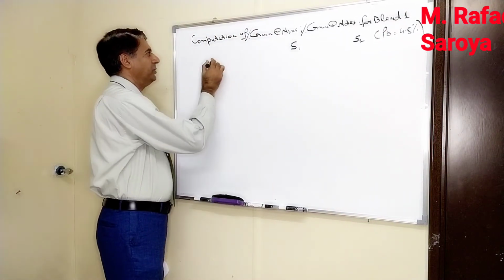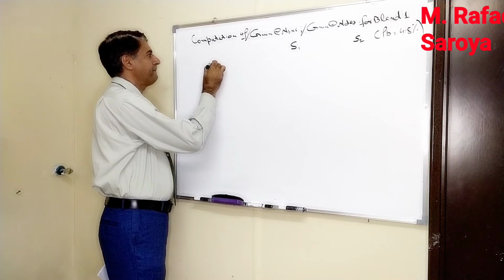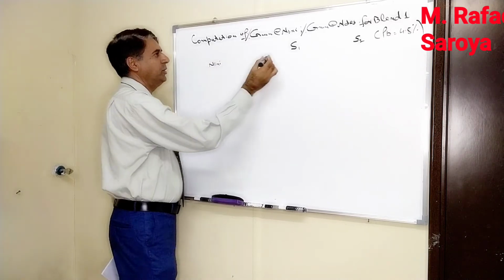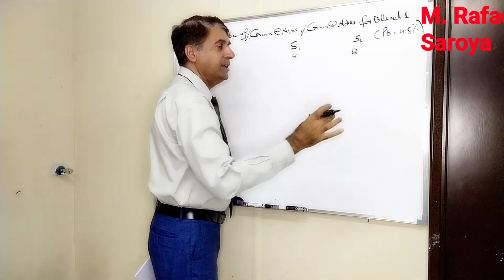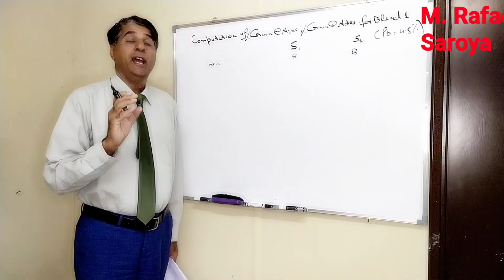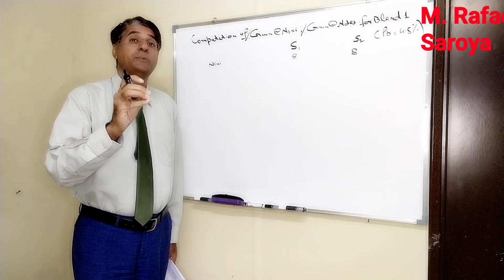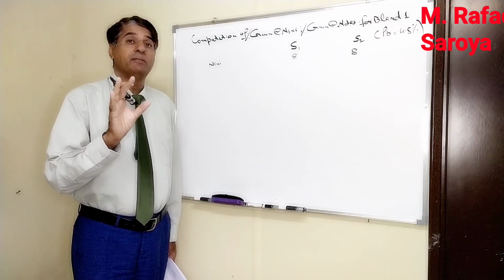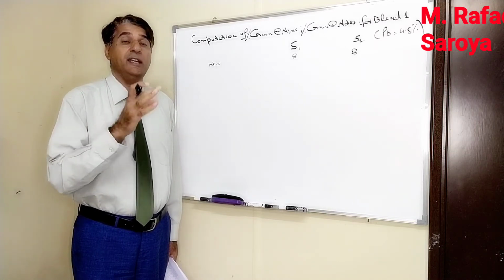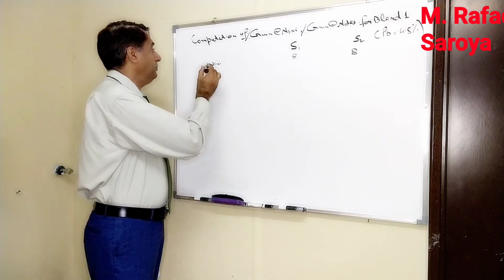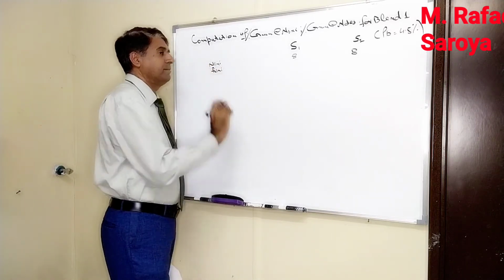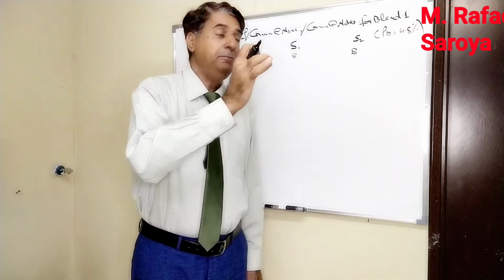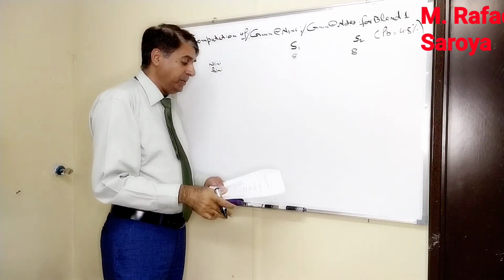Now what are the values? You know N initial, which I have already told you, we have provided 8 gyrations as per specification. As per Superpave specification, the initial number of gyrations for my mix design is 8. Now with this, we have to find out H initial, meaning with this number of gyrations, what should the height be?